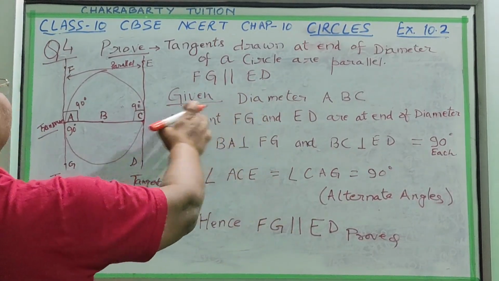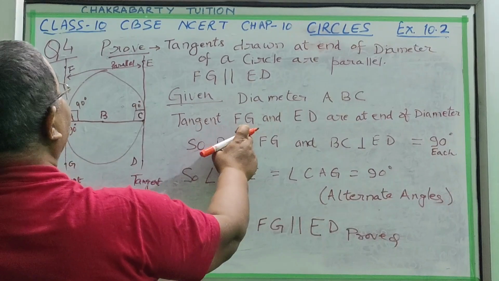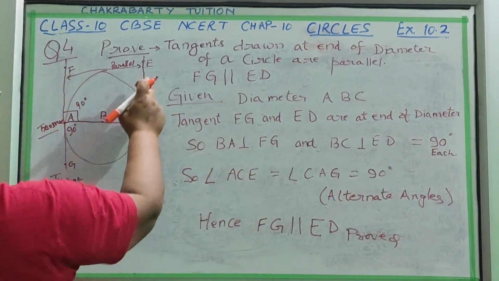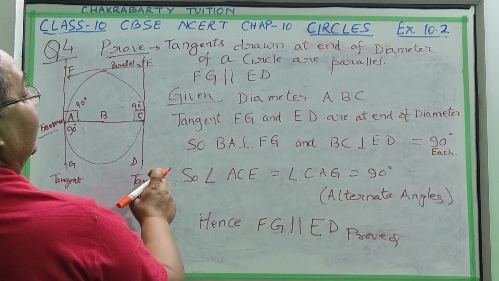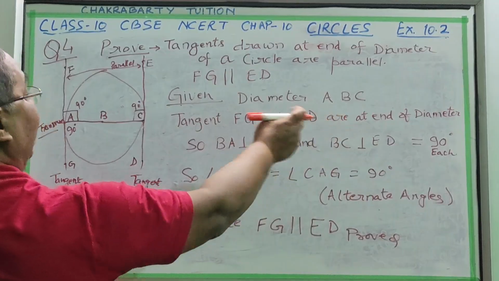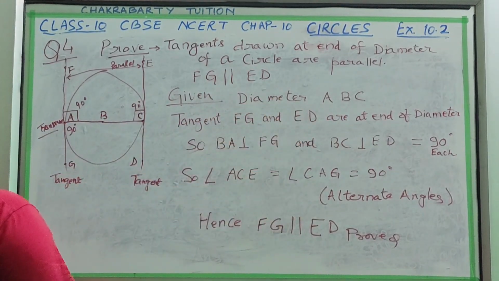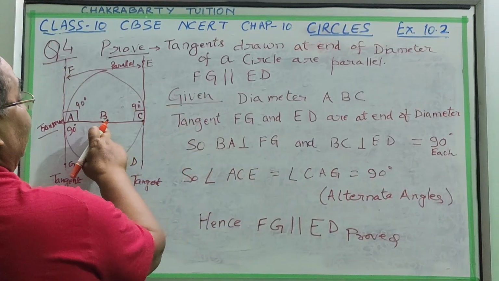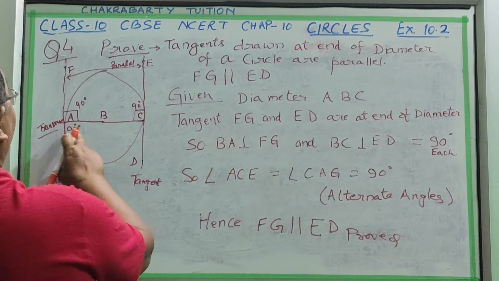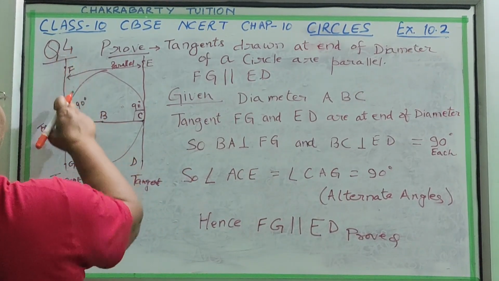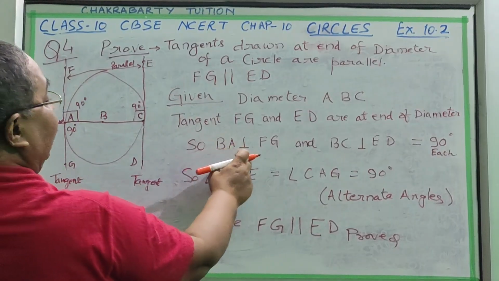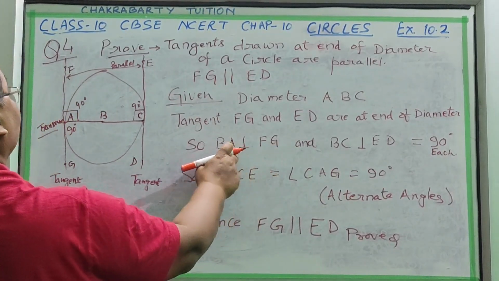So the diameter is here, ABC. The tangent FG is there, and ED is also a tangent, at the end of the diameter. That's why the lines BA and BC are perpendicular to the tangents.